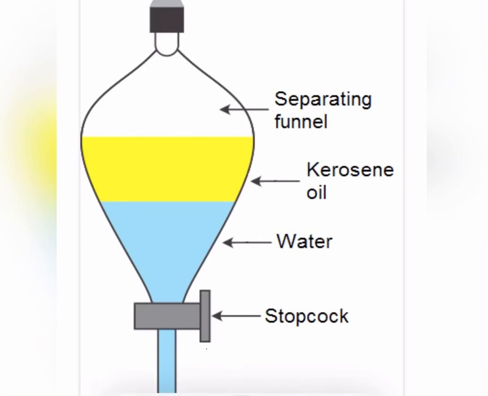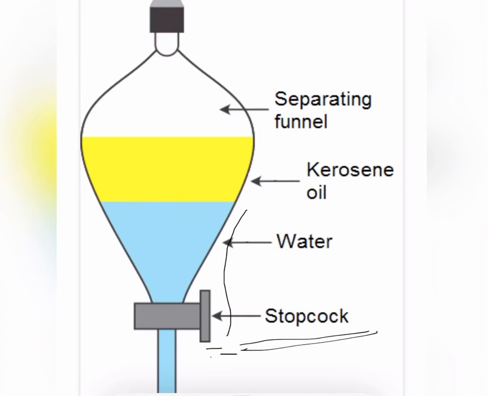There is a stop cock here. If you open that stop cock, the water layer will come out, and just when the water has come out, you tighten the stop cock, and the water is separated from the mixture.